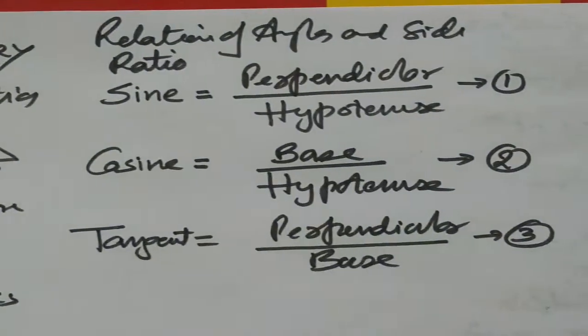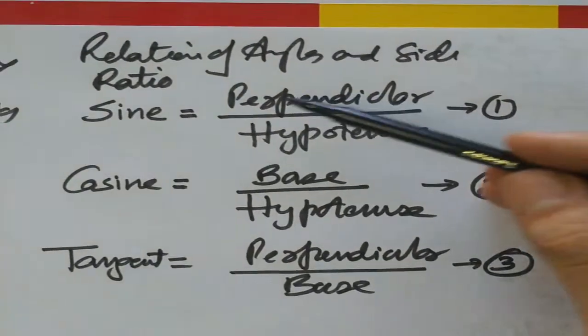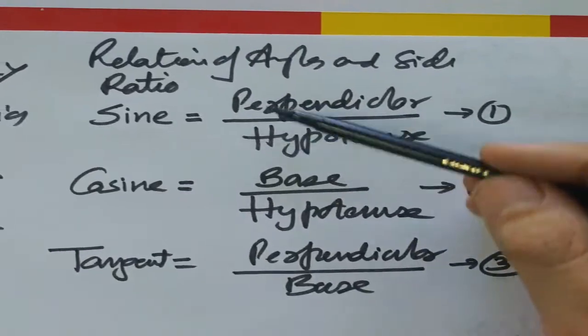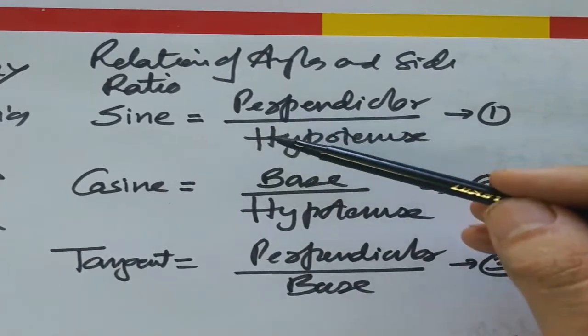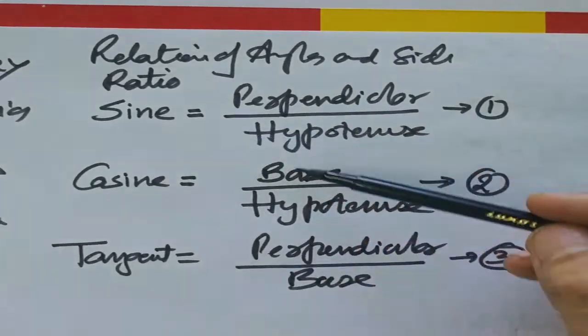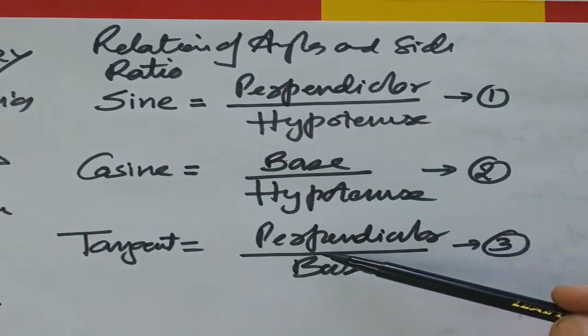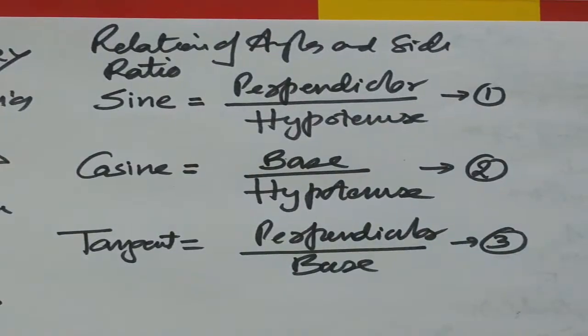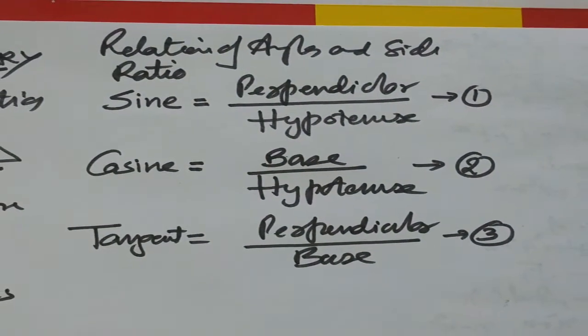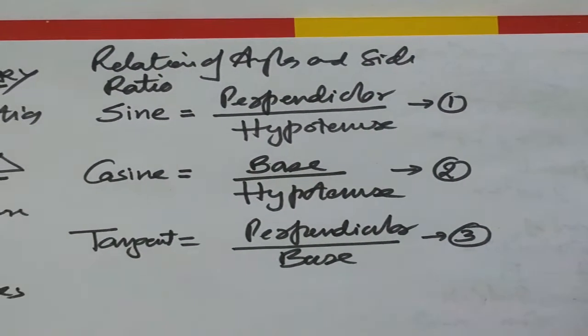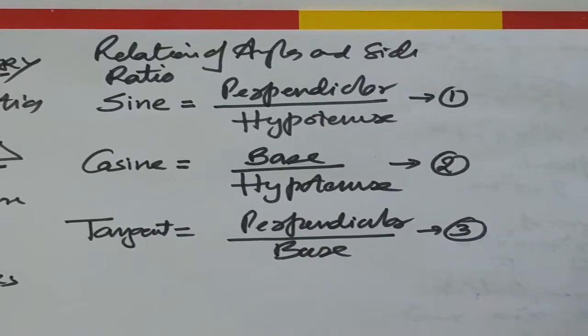These are the primary relations. Ratio means upon. So perpendicular upon hypotenuse is called sine, base upon hypotenuse is called cosine, and perpendicular upon base is called tan or the tangent. These are the primary relations which are called the ratios.